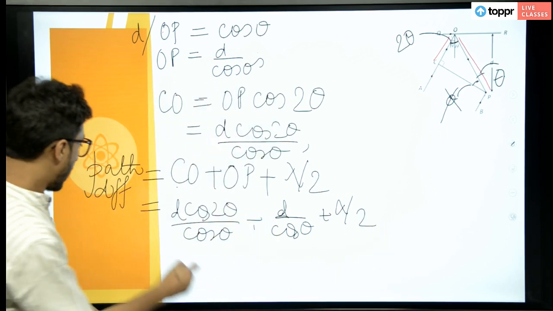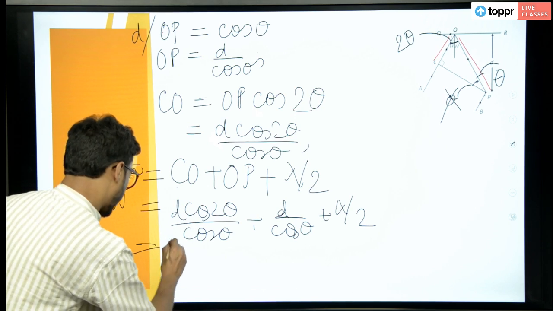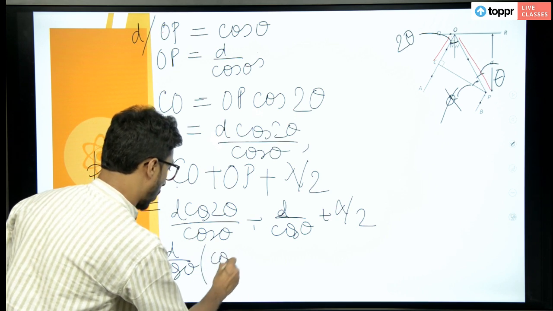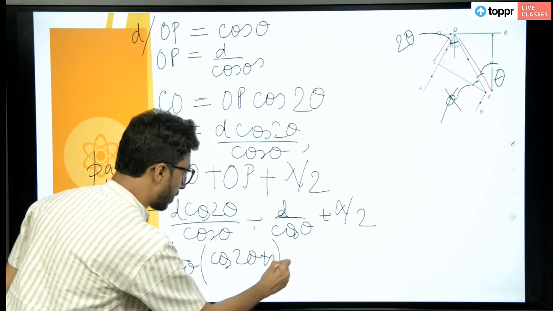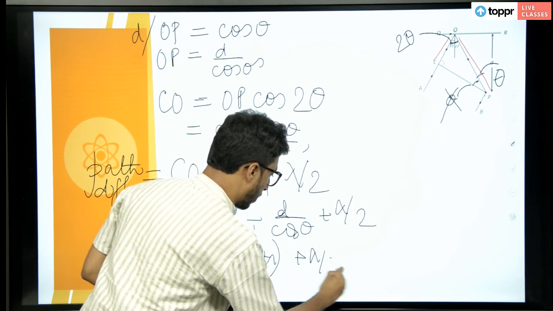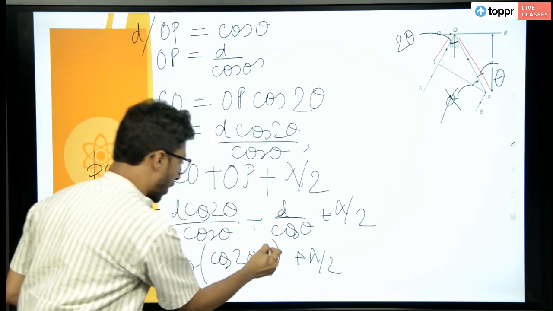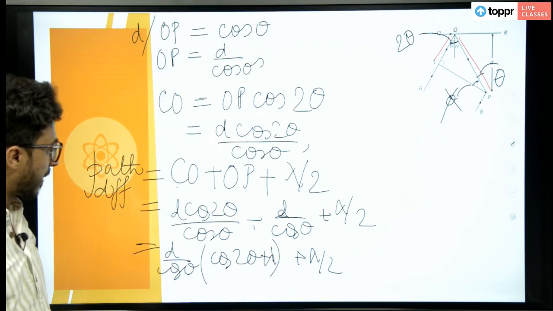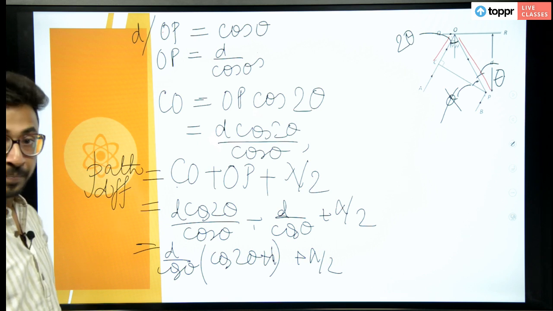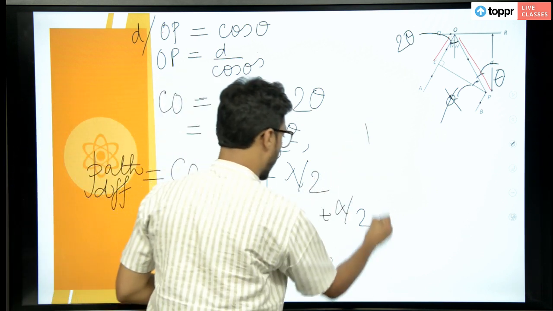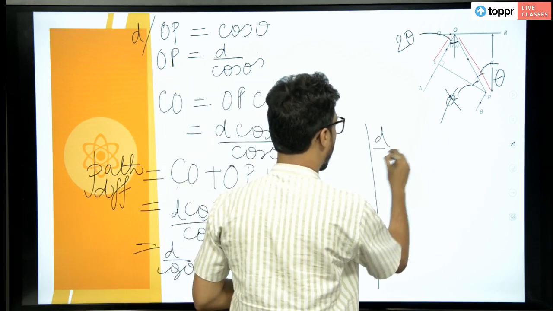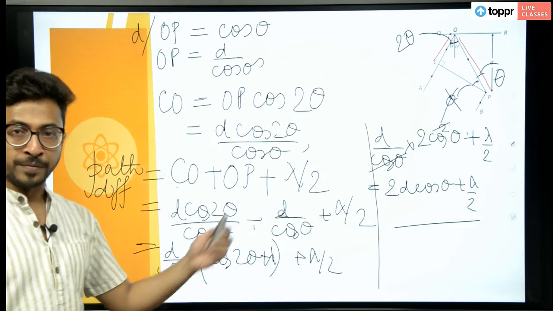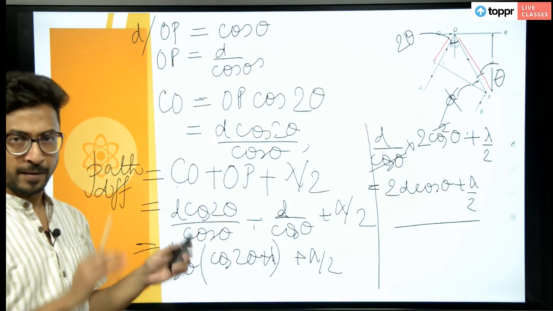If you take D by cos theta, you get cos 2 theta plus 1, plus lambda by 2. Now 1 plus cos 2 theta is 2 cos squared theta, so we can write 2D cos theta. So this is the total path difference.